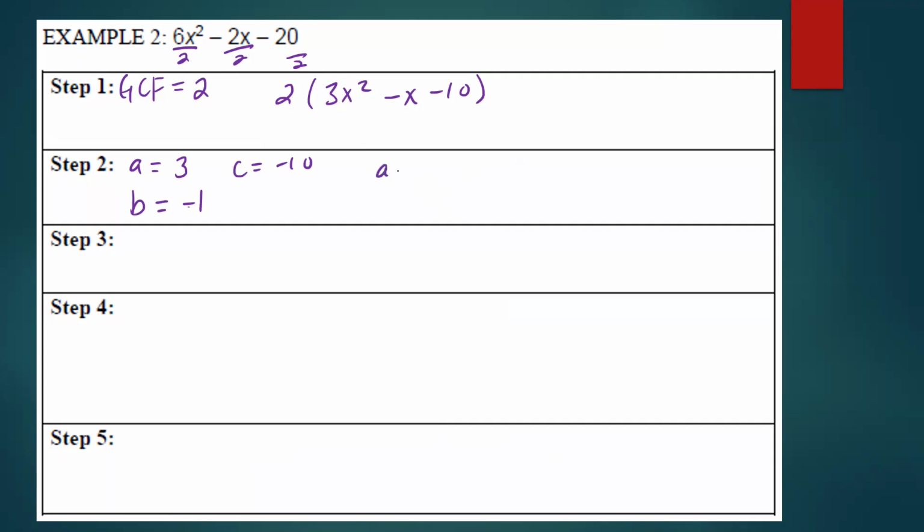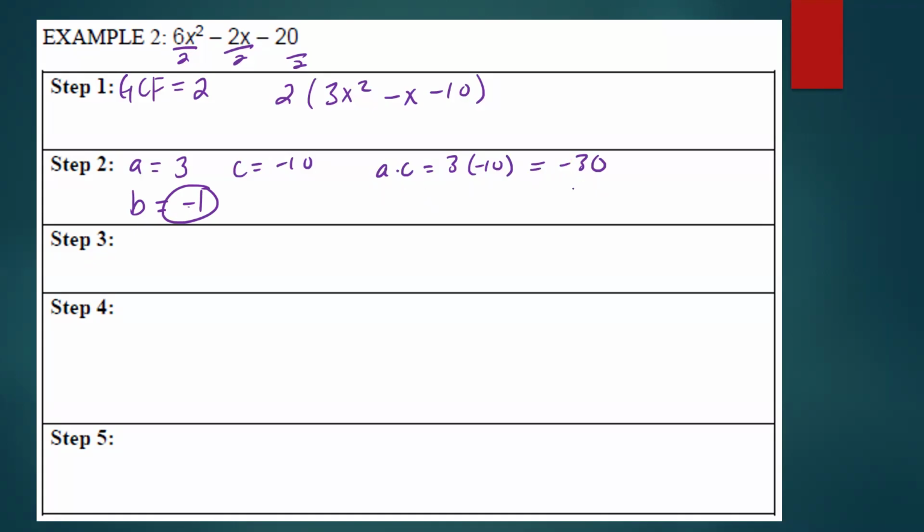From there, you have A times C. Well, A times C would be 3 times negative 10, which gives us negative 30. So what factors of negative 30 will add to give us negative 1? So when you think of the factors of negative 30, because you need a negative, that means that one has to be positive and one has to be negative. Agree? Otherwise, it wouldn't work.